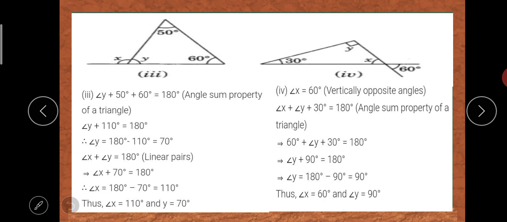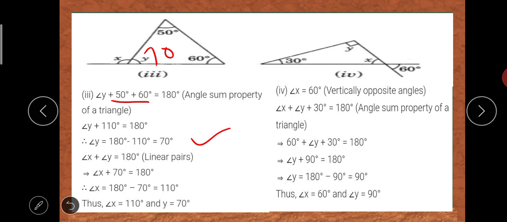Here, the angle sum property of a triangle. So y plus 50 plus 60 is 110 equals 180. So the value of y will be 180 minus 110, which is equal to 70. So here the value of y we got is 70.